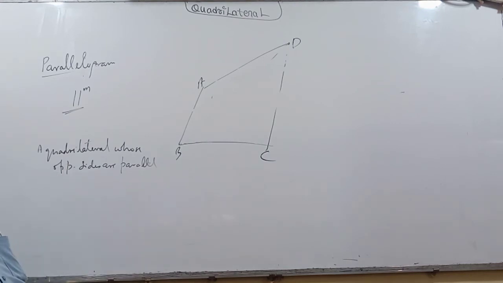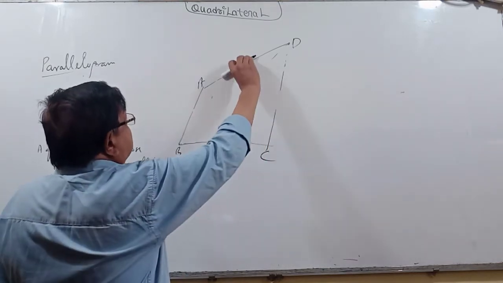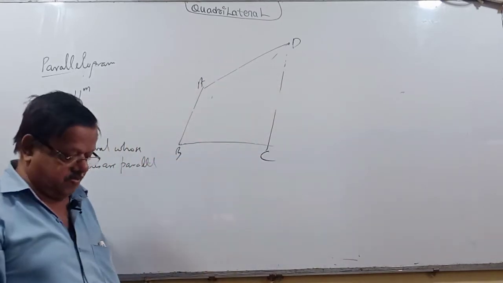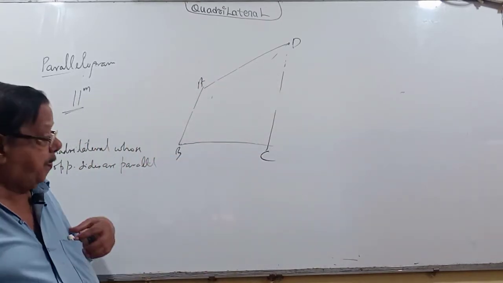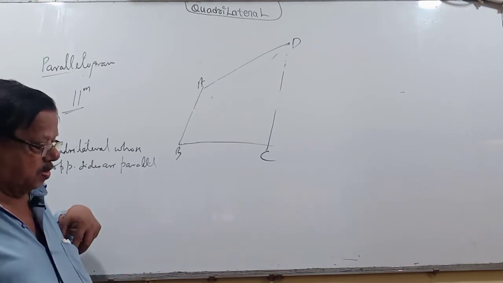Suppose this is parallel to this and this is parallel to this, then it is a parallelogram. If opposite sides are parallel, that quadrilateral is called a parallelogram.